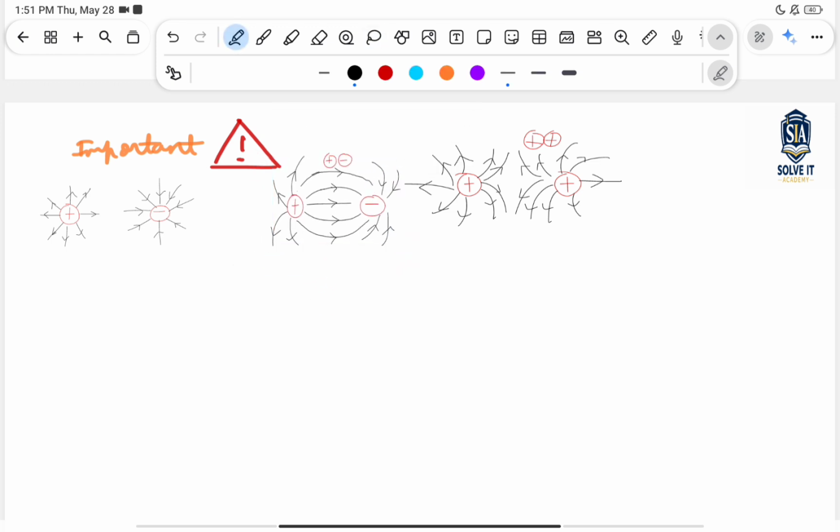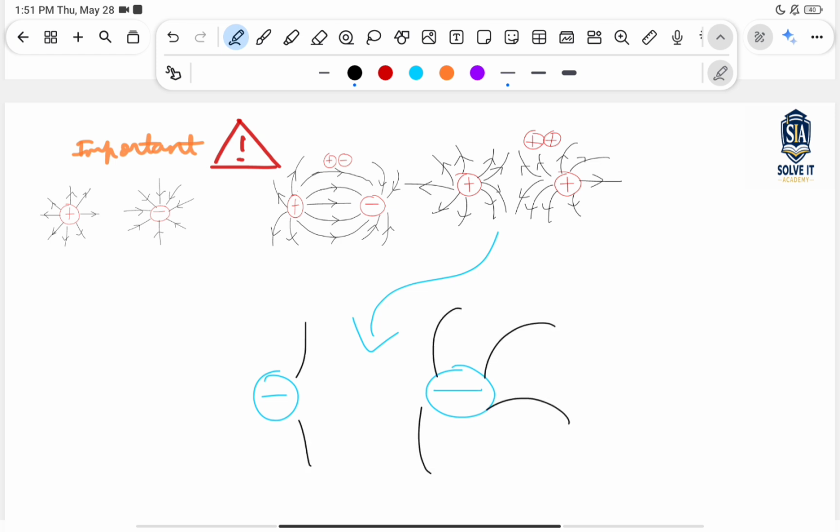Now next is negative-negative. What if I am having negative-negative? It is the same as that thing. The same will be followed here also. Here it will move like this.